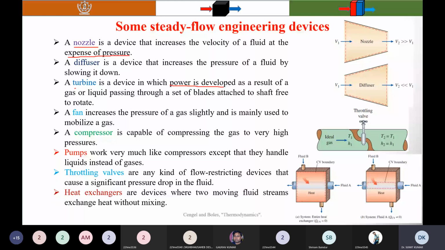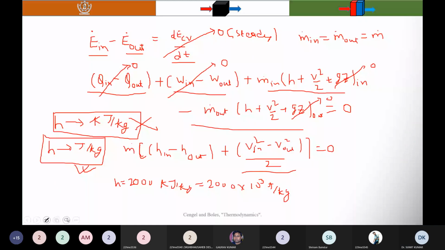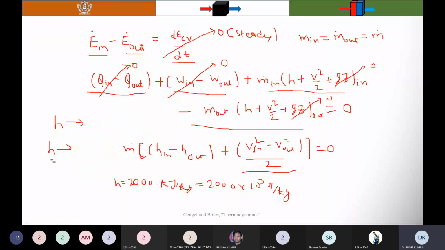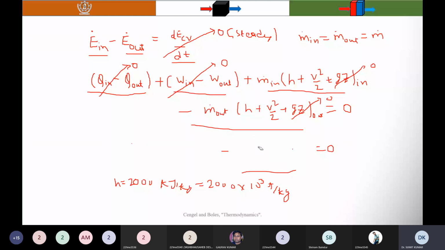Now you can simplify these equations. Always remember that h in all these terms has the unit joule per kg. If it is given in kilojoule per kg or other units, you should convert it, otherwise you will get the wrong answer.